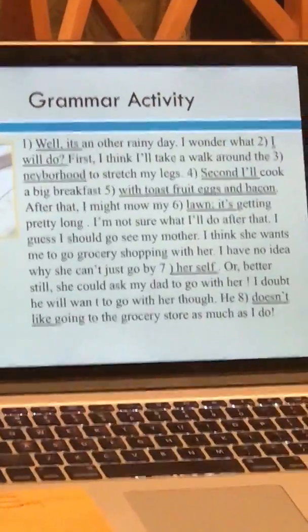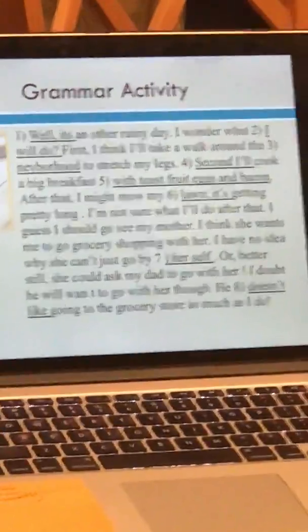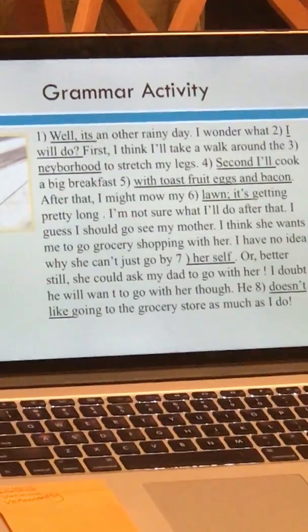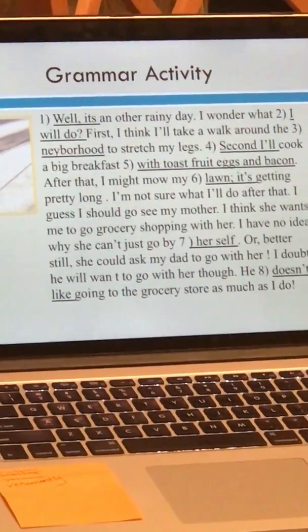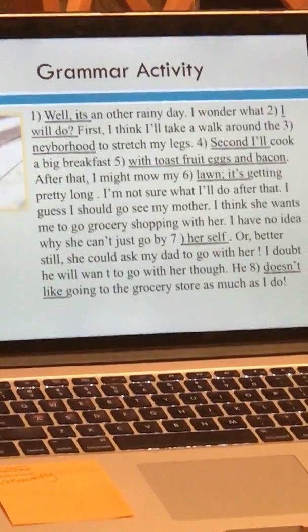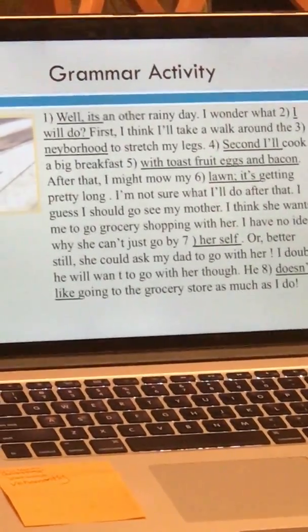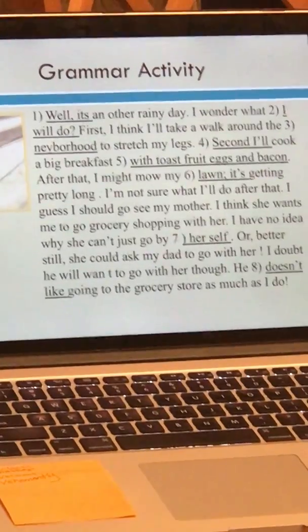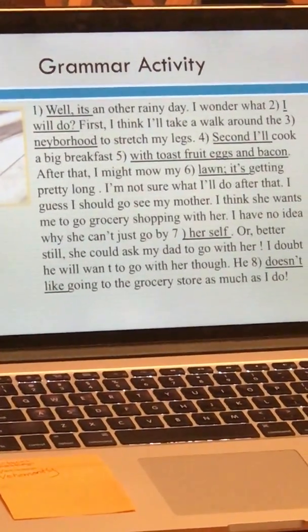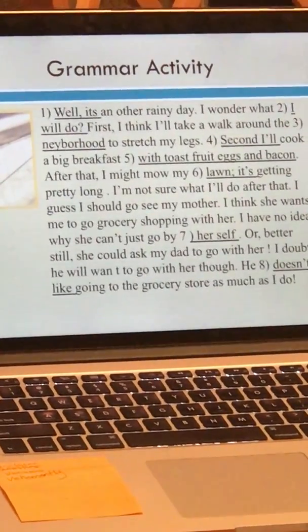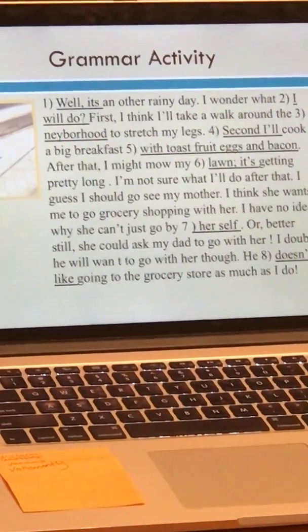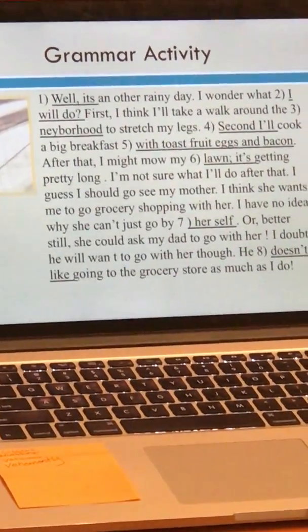It reads, well, it's an other rainy day. I wonder what I will do. First, I think I'll take a walk around the neighborhood to stretch my legs. Second, I'll cook a big breakfast with toast, fruit, eggs, and bacon. After that, I might mow my lawn. It's getting pretty long.